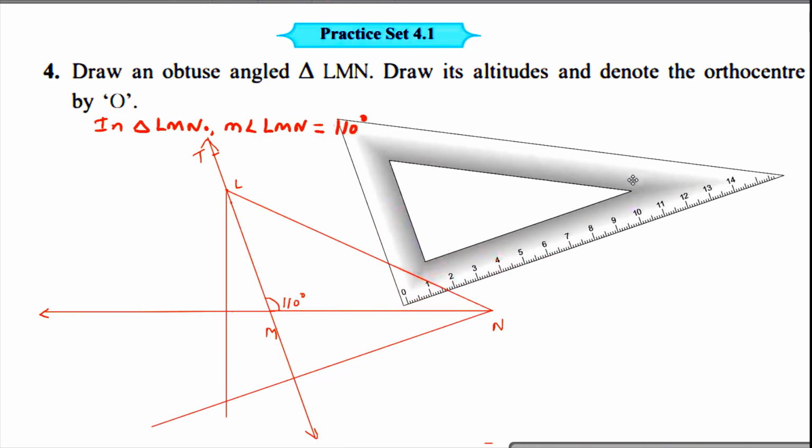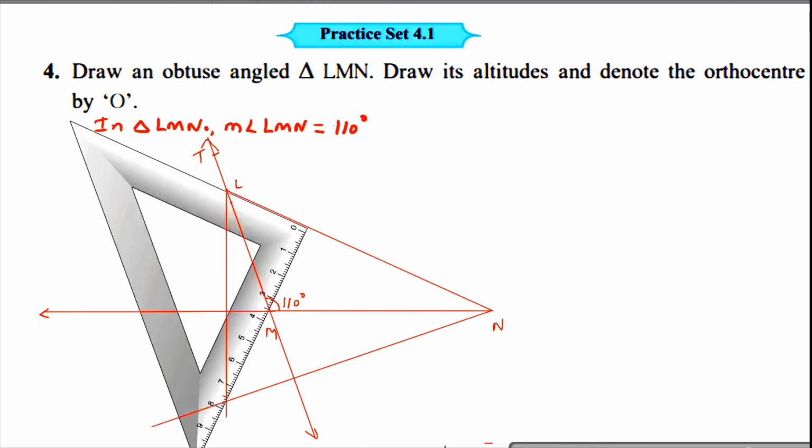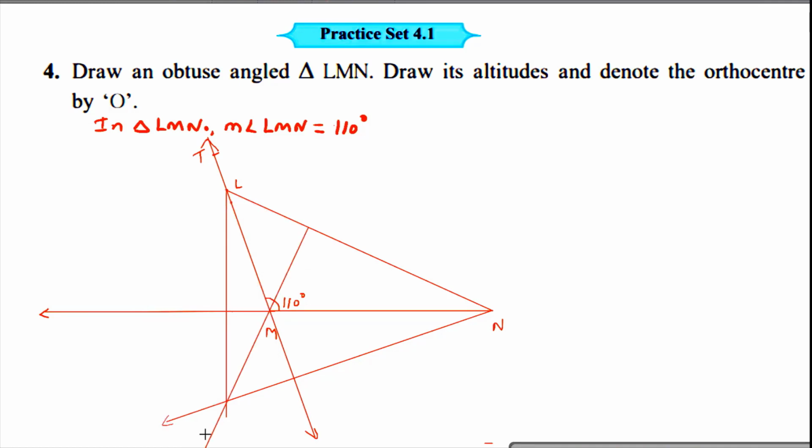Then again draw the altitude from vertex M to the opposite side LN. Put the set square along the line LN, the other side on the vertex M as shown here, and draw the altitude from vertex M to LN.